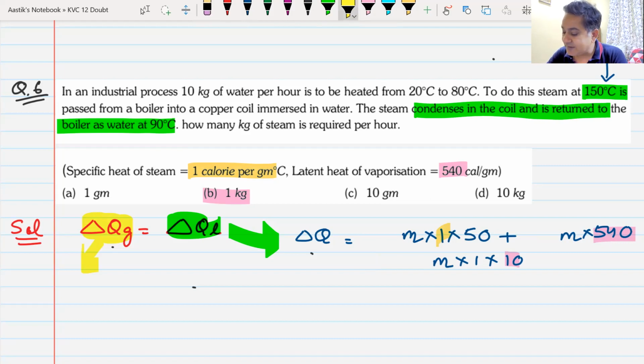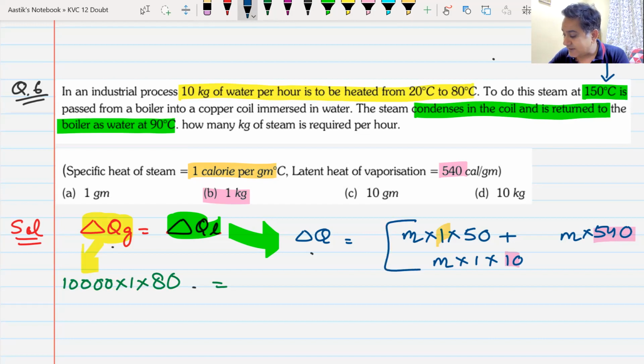Now who is gaining heat? The gentleman that is gaining heat is 10 kg of water from 20 degrees Celsius to 80 degrees Celsius. So how much heat will it gain? I will write it here, 10,000 multiplied by 1 multiplied by the change in temperature, that is 80. This must be equal to whatever terms are on the right hand side. We equate this and from there you get the value of m.